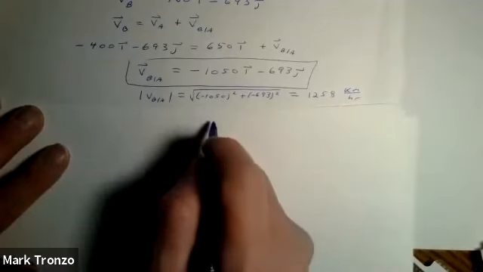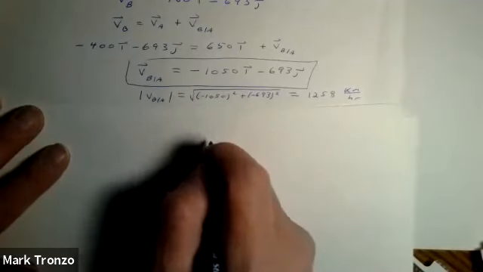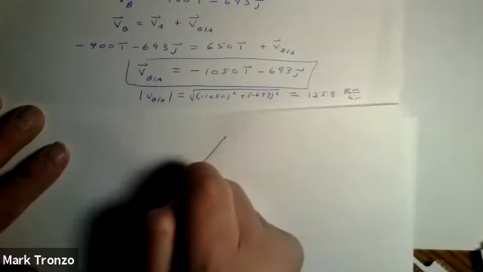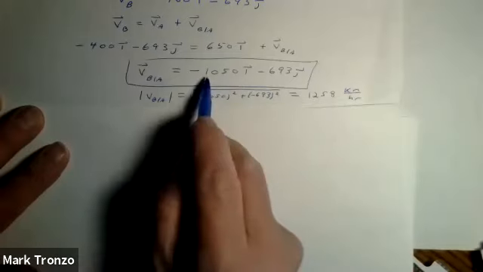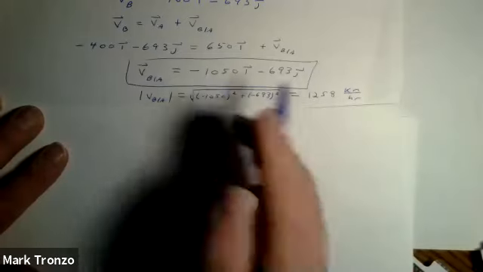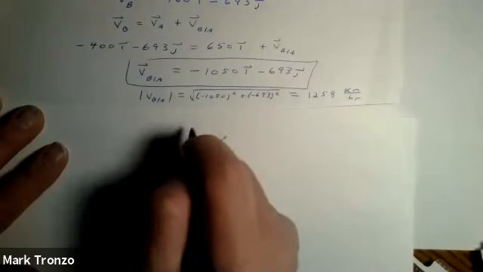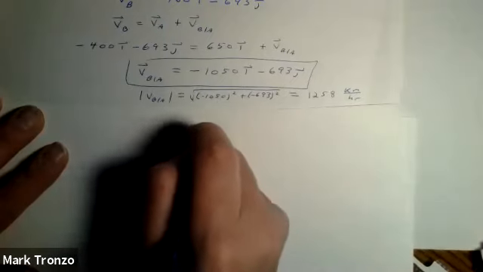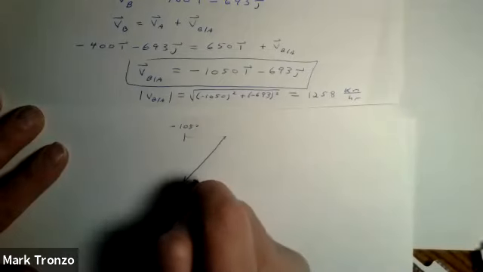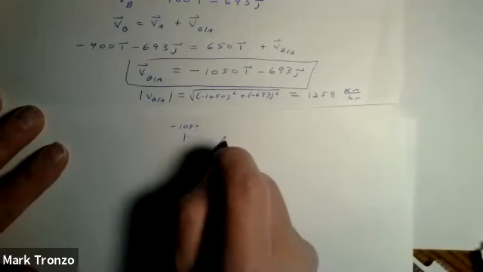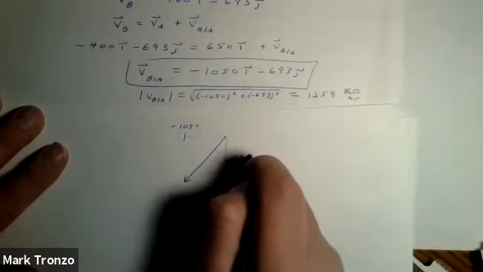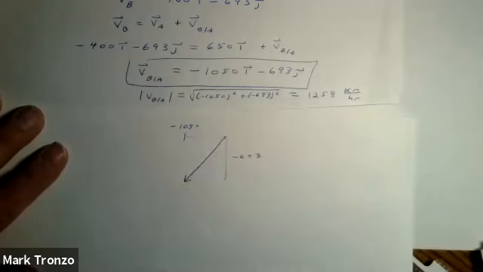If you're in A and you're looking at B coming down, it's going to be minus 1050 here, and then this one over here is minus 693.